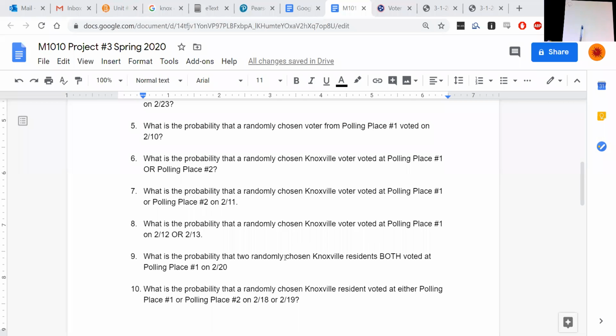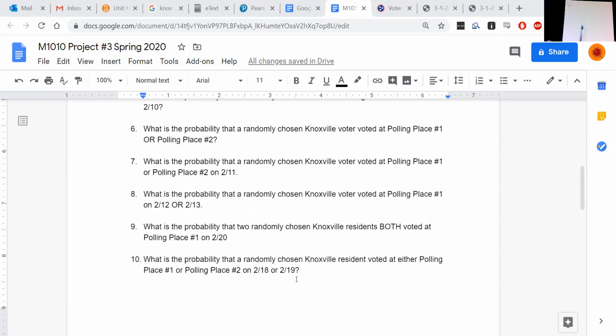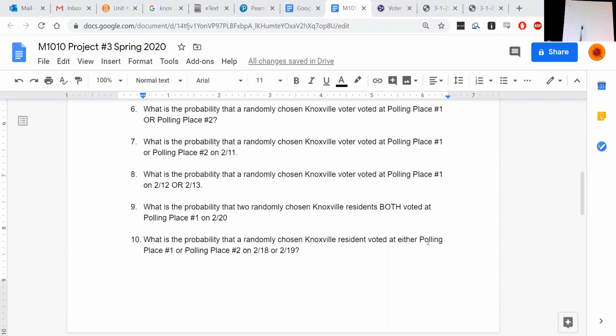Question 10. What is the probability that a randomly chosen Knoxville resident voted at either polling location 1 or 2 on 2/18 or 2/19?